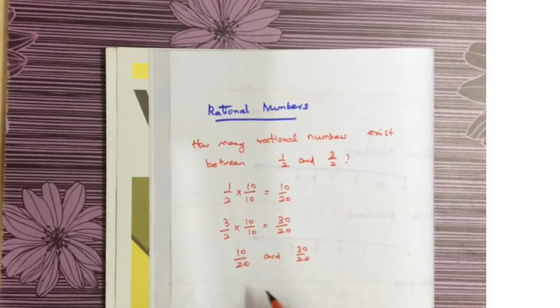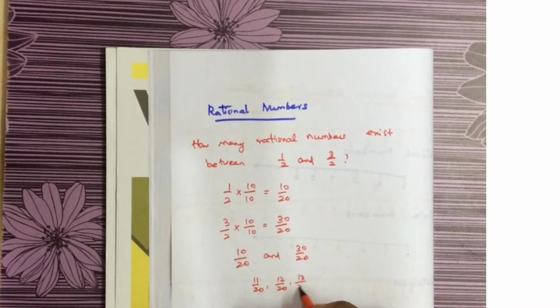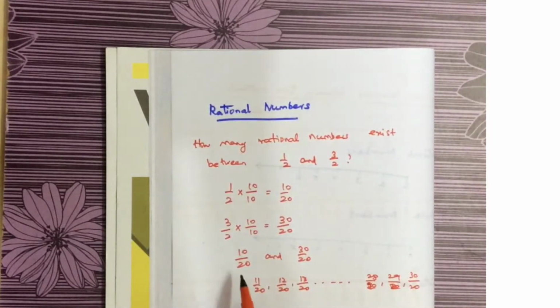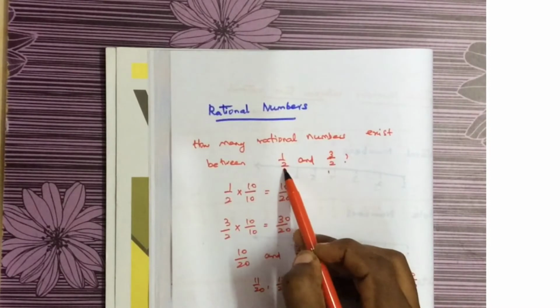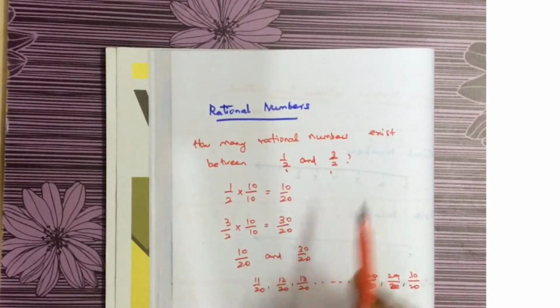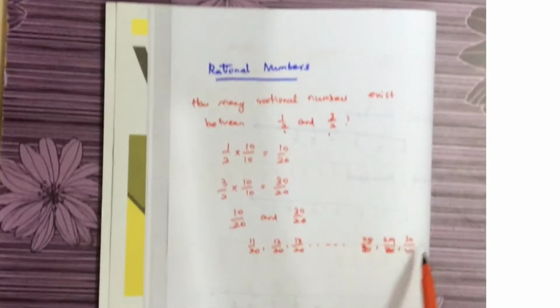Between these you can say how many rational numbers exist: 11 by 20, 12 by 20, 13 by 20, like that you will go on, 28 by 20, 29 by 20. So between 1 by 2 and 3 by 2, where 1 by 2 is represented by 10 by 20 and 3 by 2 was 30 by 20, this many rational numbers exist.